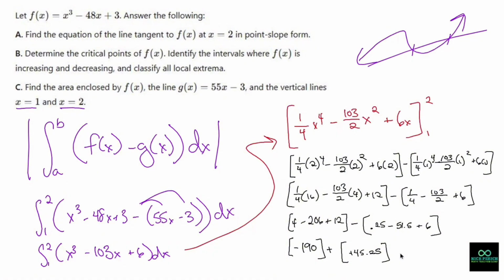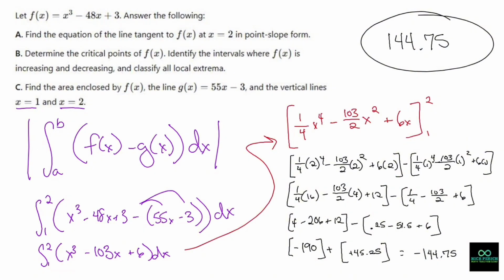So now we're looking at negative 144.75. So I did it backwards. No big deal. Our final answer is just make this positive, and by making it positive, we end up with 144.75. Yuck.